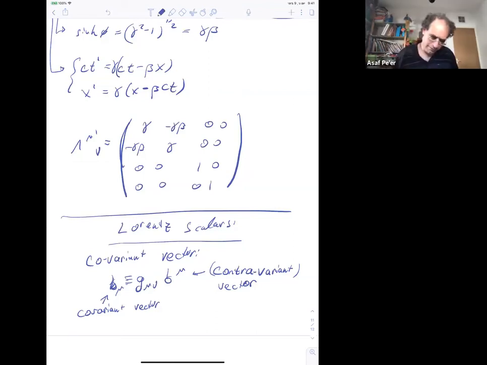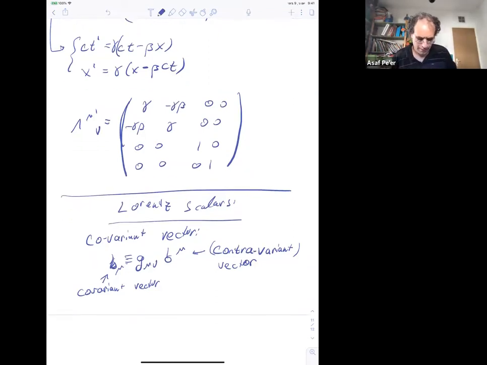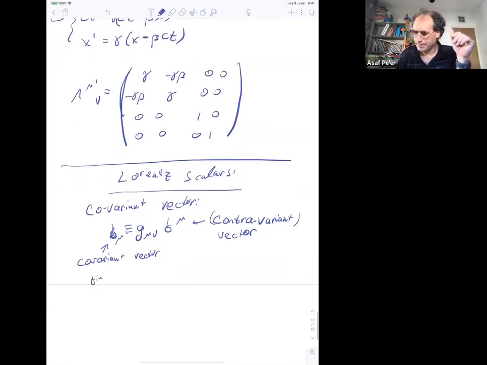So for a covariant vector, the spatial components have the opposite sign, because this G, remember, is +1, -1, -1, -1. The spatial terms have the minus sign compared to those of the regular vector, but the time component has the same sign as the regular vector.